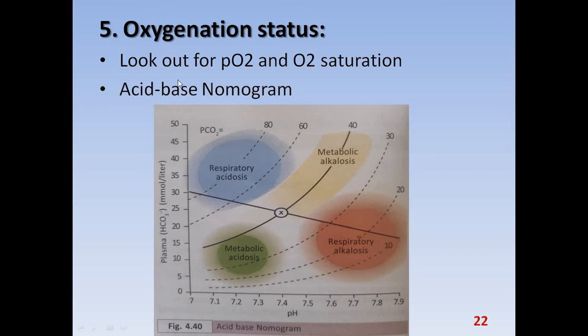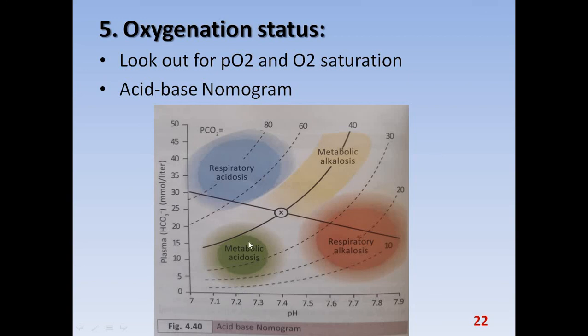Now here is an acid-base nomogram. Here the y-axis is plasma bicarbonate, its unit is millimole per liter. The x-axis is pH. Let's discuss acidosis first.